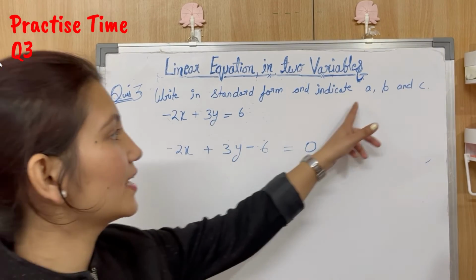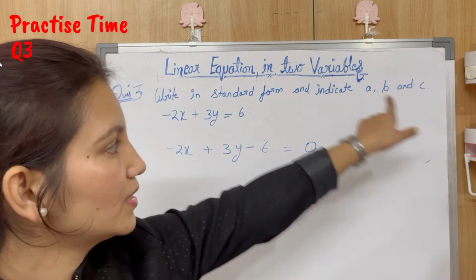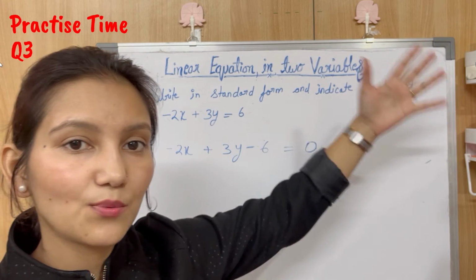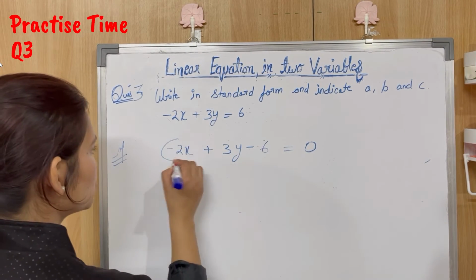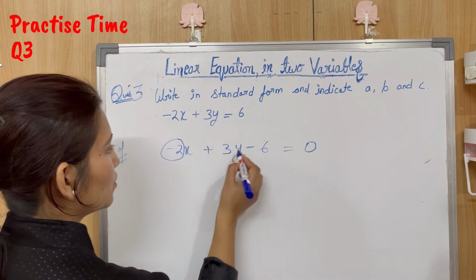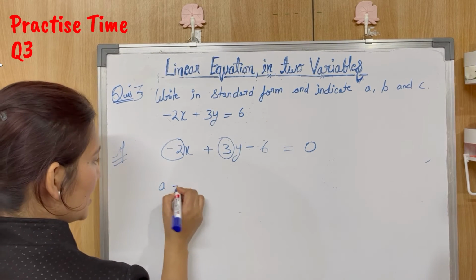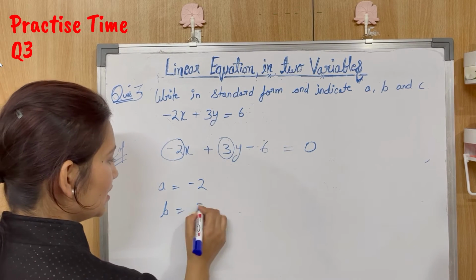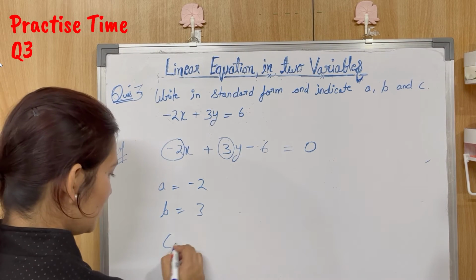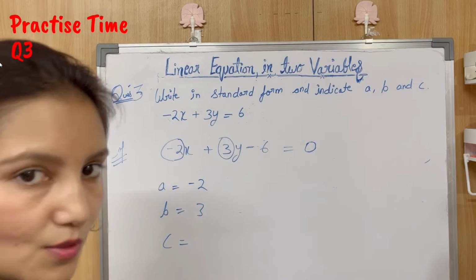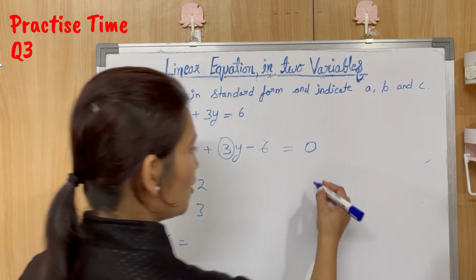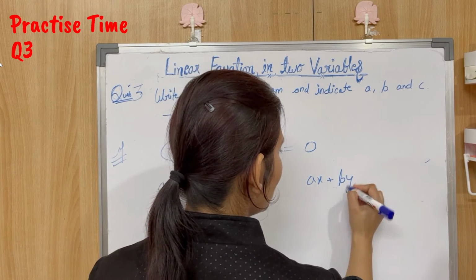And now you have to indicate the values of A, B and C. So what is A and B? These are the coefficients of x and y respectively. So the coefficient of x is minus 2 and the coefficient of y is 3. Now A is minus 2, B is 3, and what is C? Many of the students will write it as 6. No, because the standard form is ax plus by plus c.